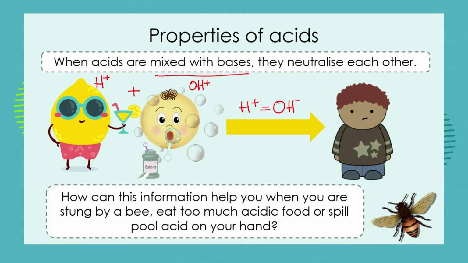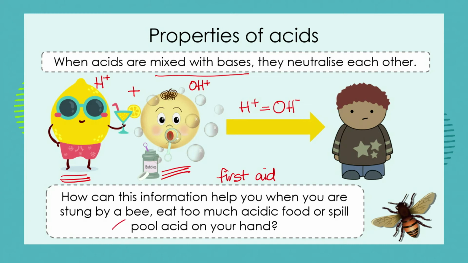Now, how can that information help you when you are stung by a bee, or eat too much acidic food, or spill pool acid on your hand? We understand that in terms of first aid and safety, if an acid is spilt on someone, or someone comes into contact with an acid, in order to neutralize that acid, they need to use a base.